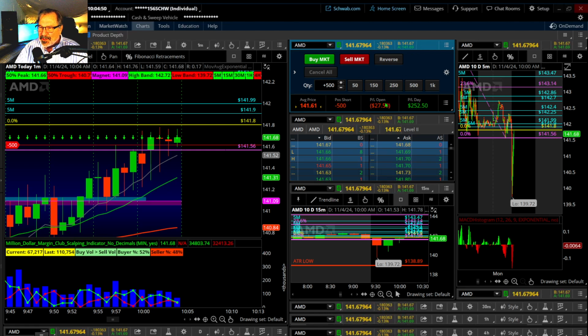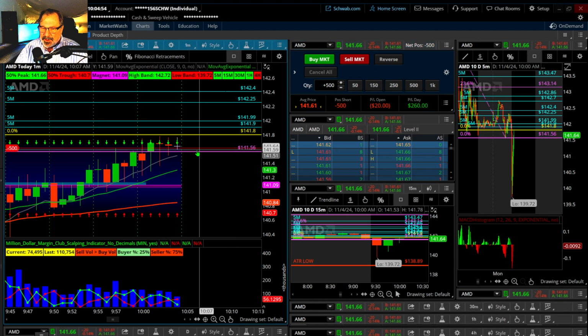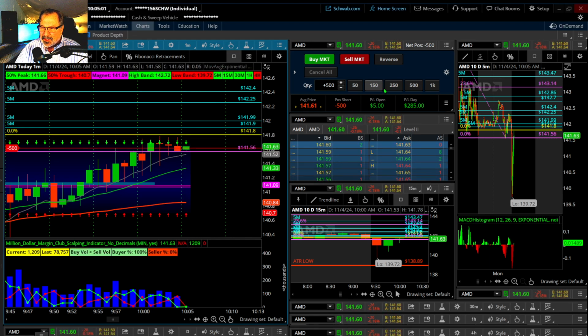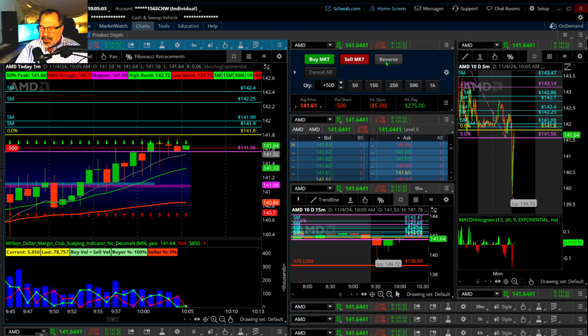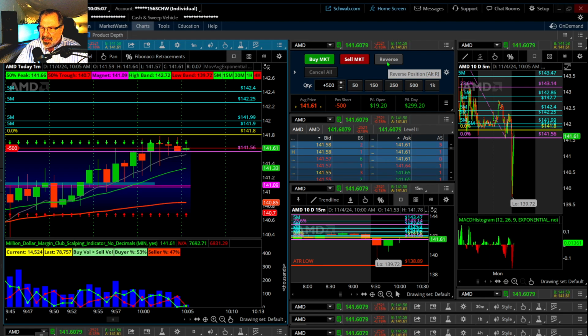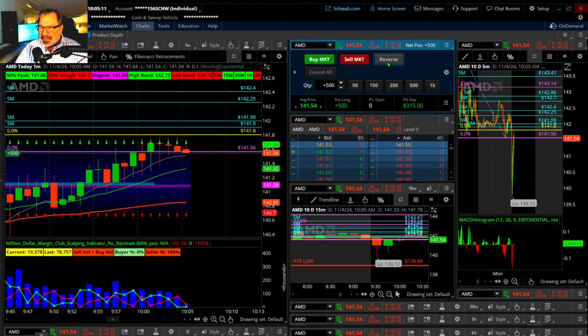I can't get in too much trouble, even with 500 shares, because of how slow this is moving. And then I'm going to be watching my support and resistance levels. I highly respect the Fibonacci levels, but it's consolidating right here at the top of these fibs. So I'm actually going to reverse right there.